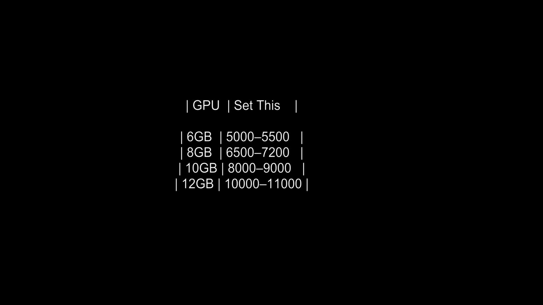What you want to do now is work out what video memory your graphics card is capable of producing, and you want to go to roughly 80 to 90% maximum of that video memory. So if your GPU has 6 gig of video memory, you can happily set it to 5 to 5500, 8 gig of memory, 6500 to 7200, 10 gig of memory, 8 to 9000, 12 gig of memory, 10,000 to 11,000, and so on.